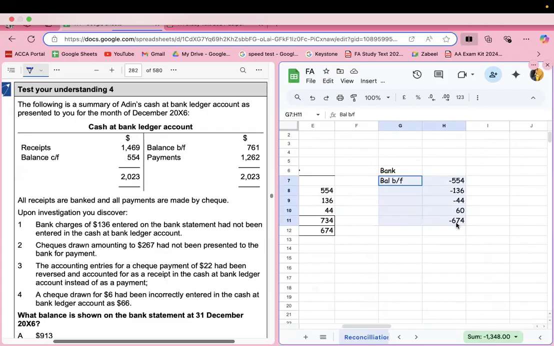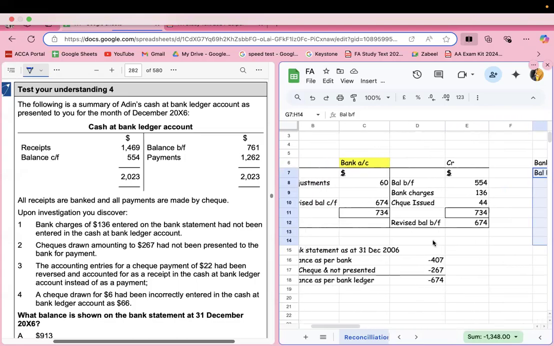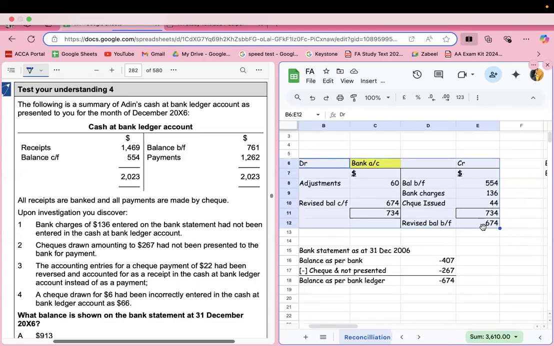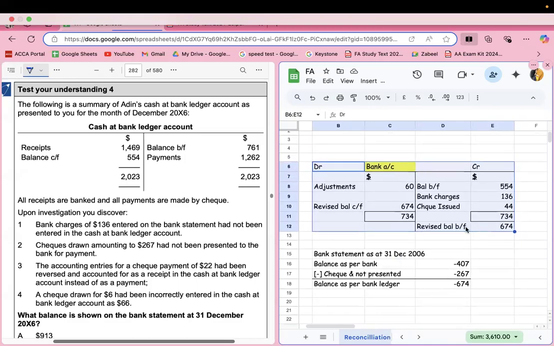Since cash is a debit, what increases is debited and what decreases is credited. So any debits would be taken as a plus balance, and any credits would be taken as a negative balance. That way you can also do it, and it would save time compared to taking the T account. We'll do both ways. Understood?